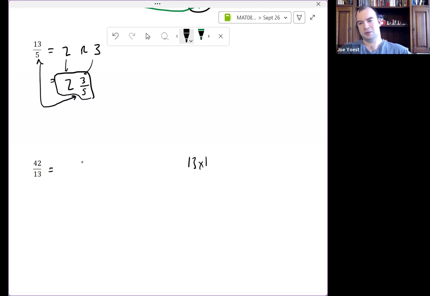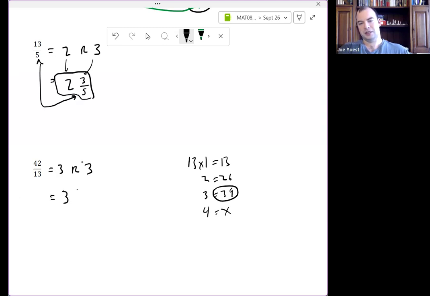Well, 13 times 1 is 13, times 2 is 26, times 3 is 39, and times 4, well, that's too much, right? So 42 over 13 is 3. That accounts for 39 of my slices, with a remainder of 3. 39, 40, 41, 42. I have 3 slices left over.